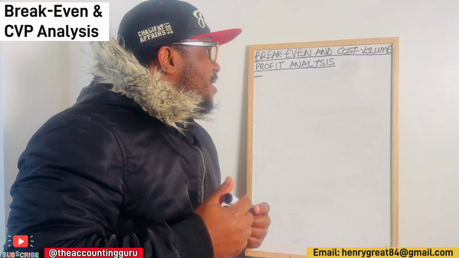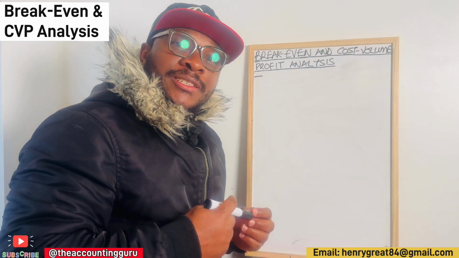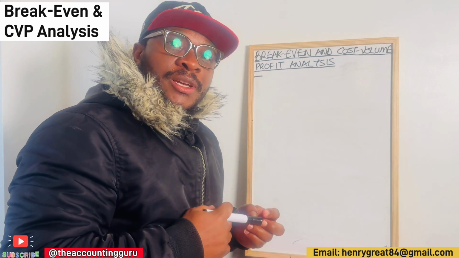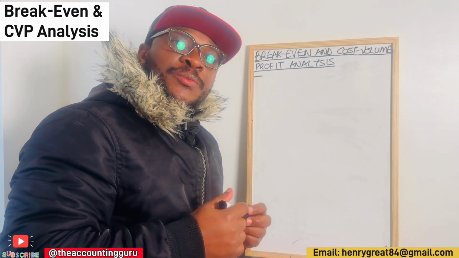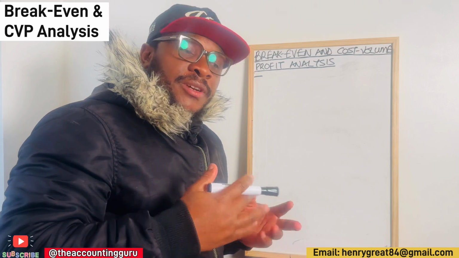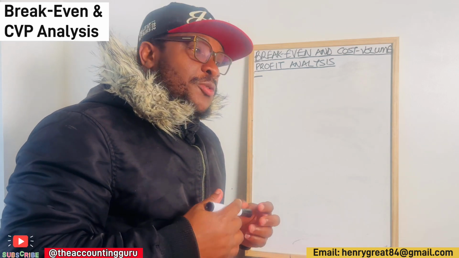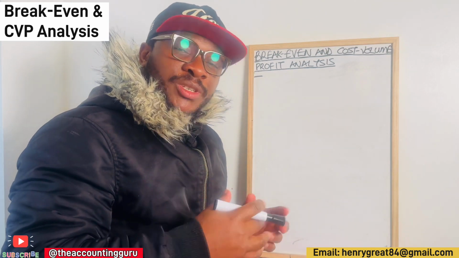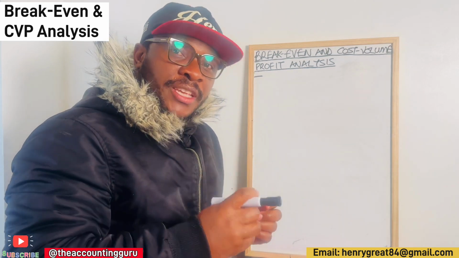So in this video, I will be looking at where I stopped in the last video. In the last video, we looked at break even, and the fact that at break-even sales, profit or loss is zero, and contribution is equal to fixed cost.